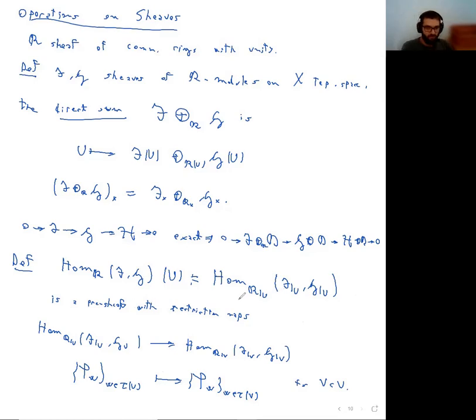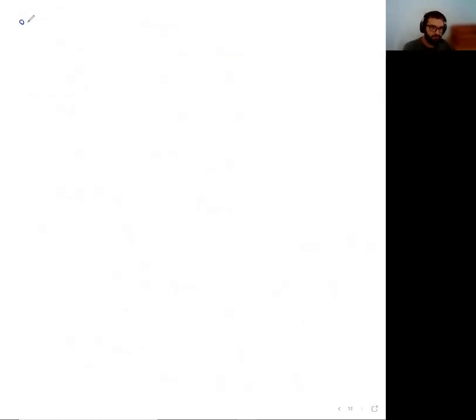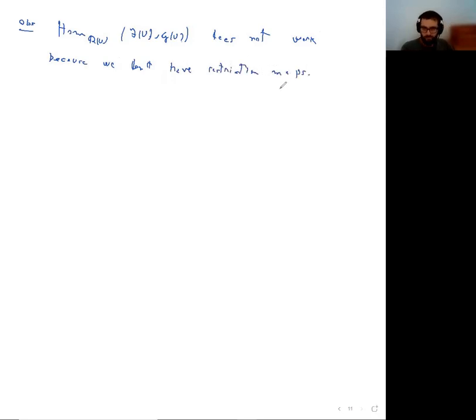And as I was saying before, observation: Hom over R(U) of F(U), G(U) does not work, because we don't have restriction maps.